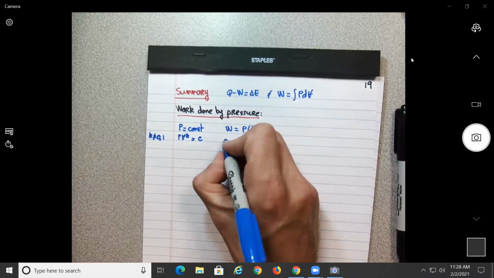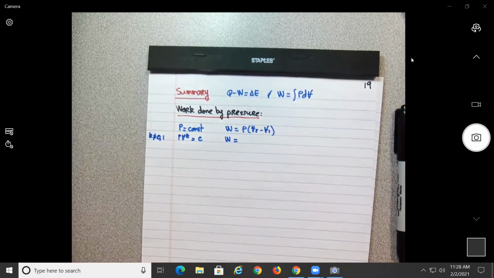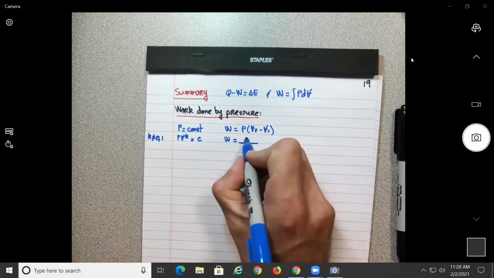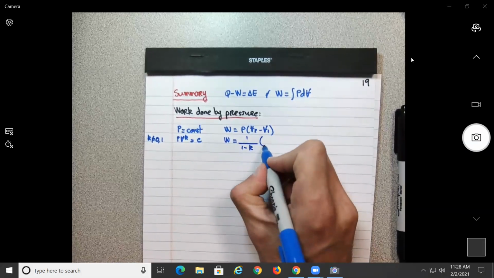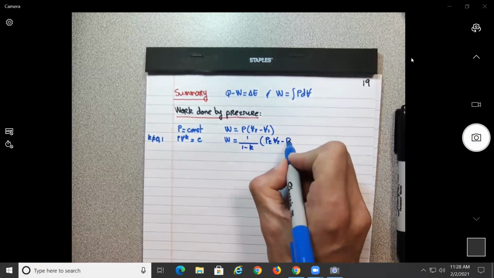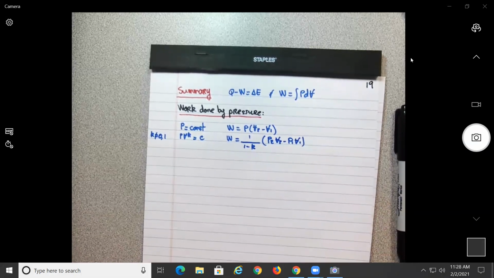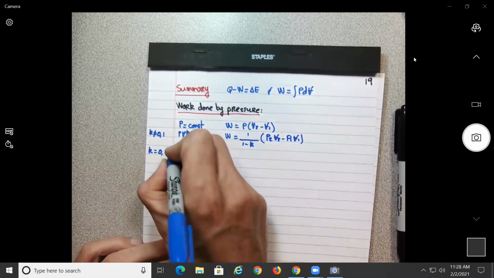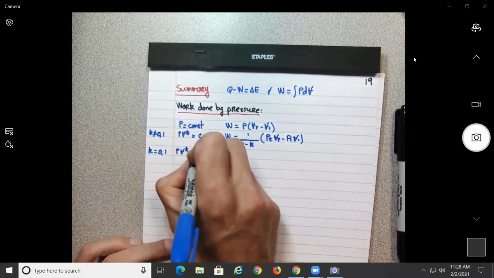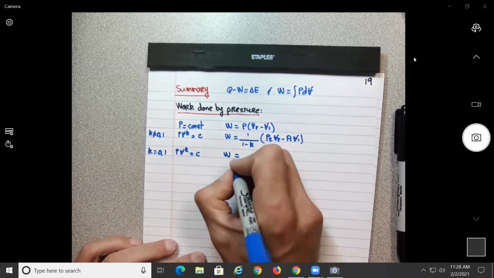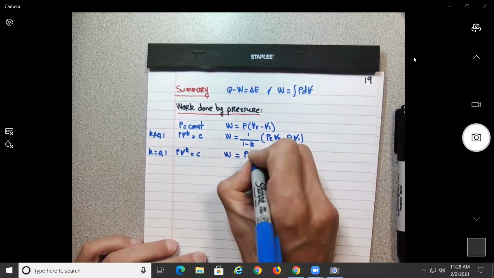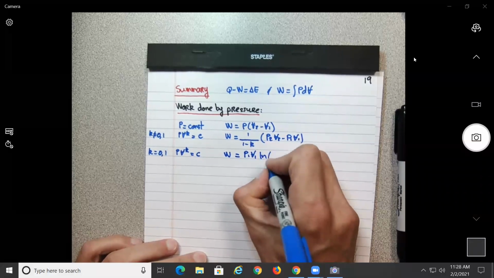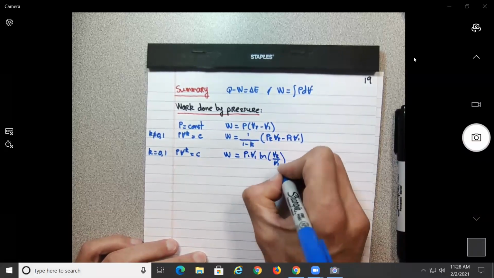What was the expression we had? I think it's 1 over 1 minus K times P2 V2 minus P1 V1. And the one we just derived, when K is equal to 0, 1 for the polytropic process, we had that the work is equal to P1 V1 log V2 over V1.